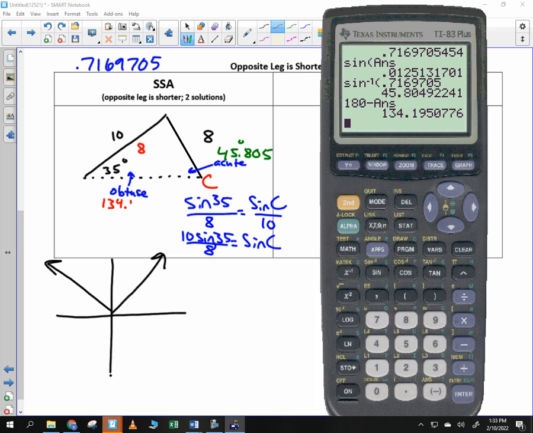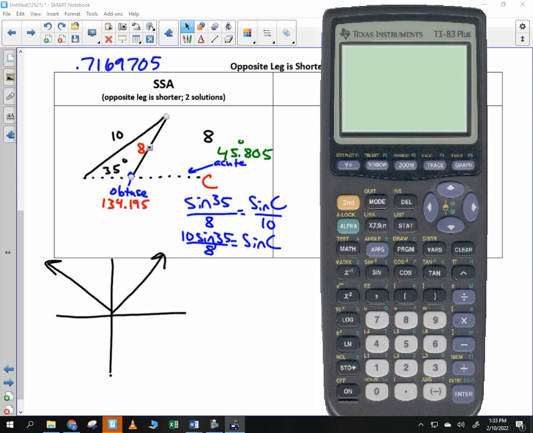And to prove it to you, watch what I'm going to do. If I take the sine of 45.805, what should I get? Hint, it's somewhere on the board.